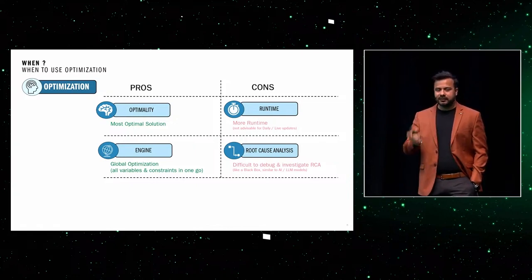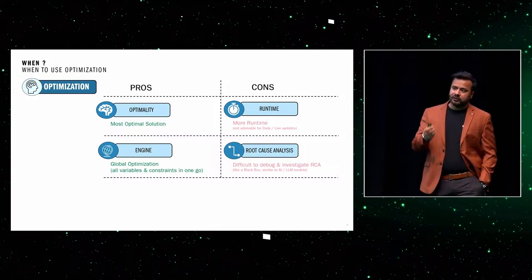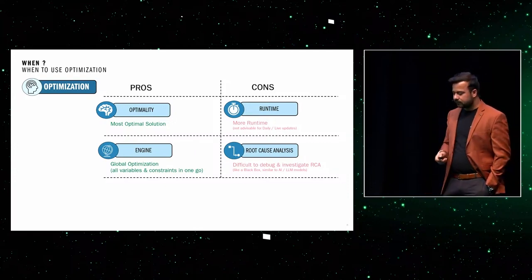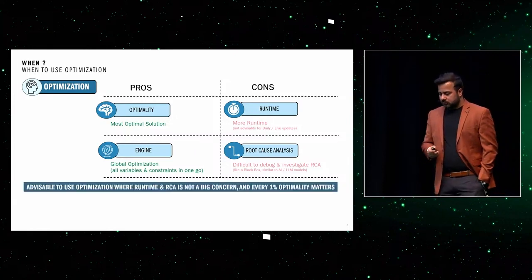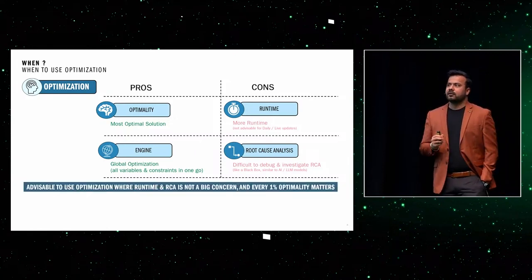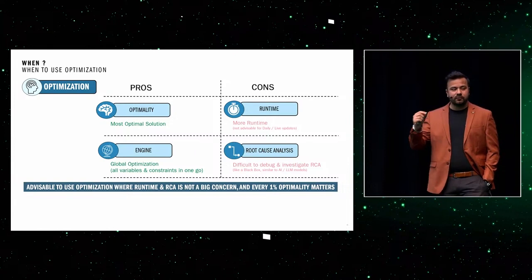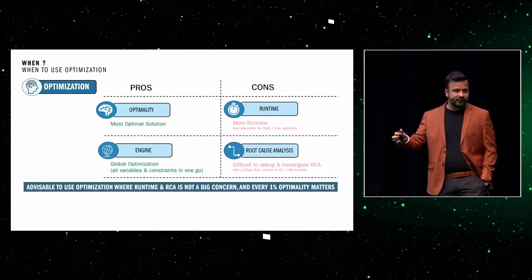This is a little tricky to find in optimization, and if we don't have this RCA, it's also harder to debug. So if runtime or RCA is my biggest concern in my business, then probably optimization is not your best friend. But if your concern is more about your optimal result, if every 1% optimality matters for you, then we should go for optimization.